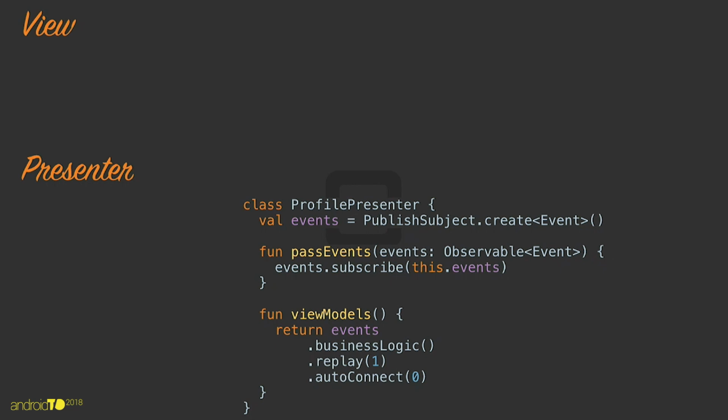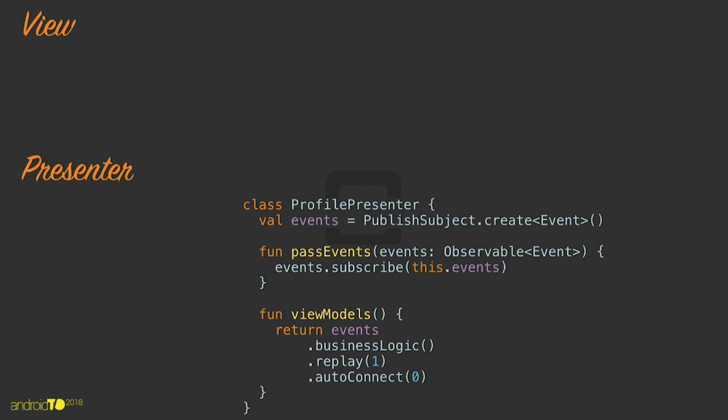And because after rotation we want the view to bind back to the presenter and get the latest object, we'd want to replay one. So the latest created object will be emitted again. And autoConnect 0, so the presenter stream is not bound to the view lifecycle, which means the presenter would create its own stream from the beginning, and the view will be just either passing events or subscribing to view models.